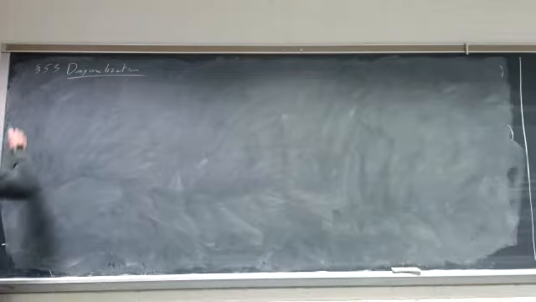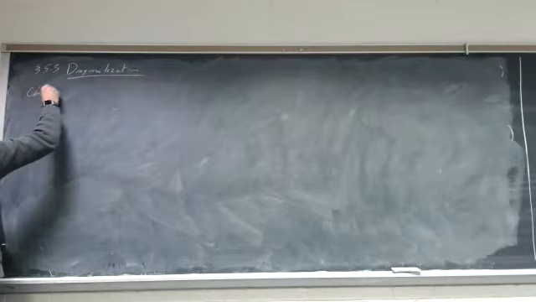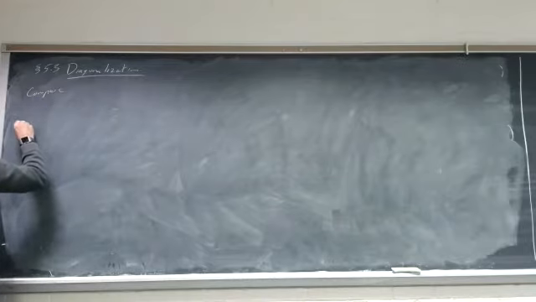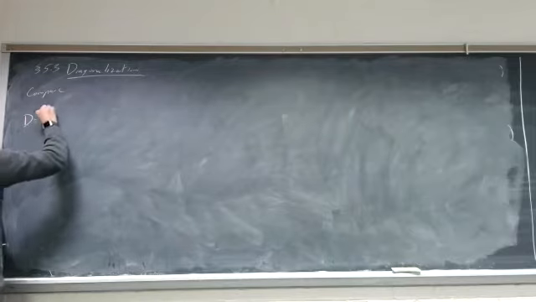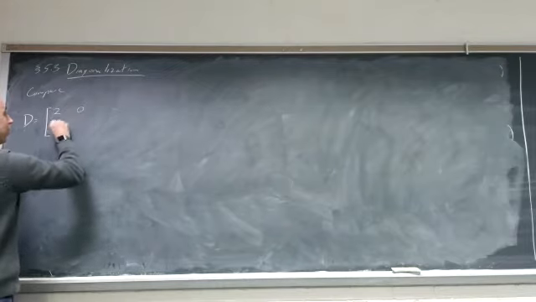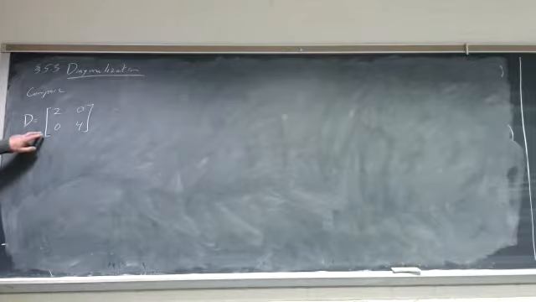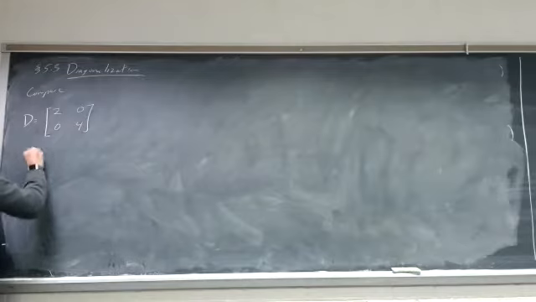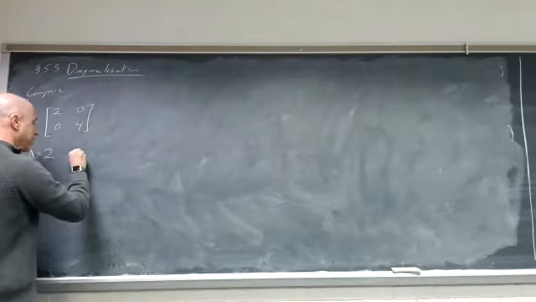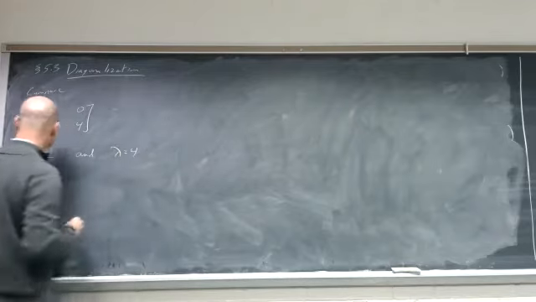Okay, so compare this matrix, which I'll call D because it's diagonal, the matrix 2, 0, 0, 4. We saw that this has two eigenvalues, lambda equals 2 and lambda equals 4.